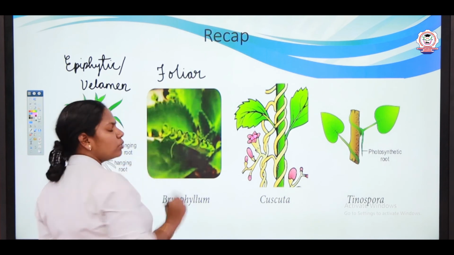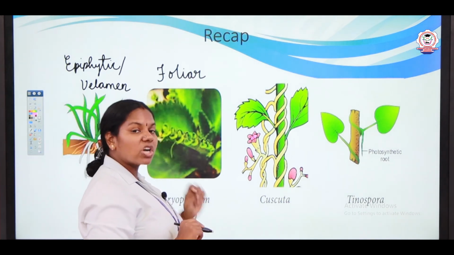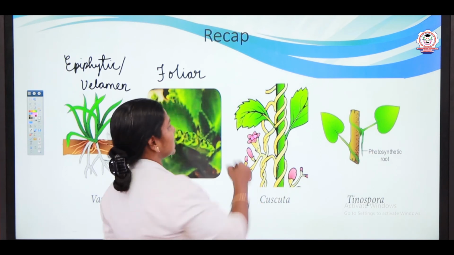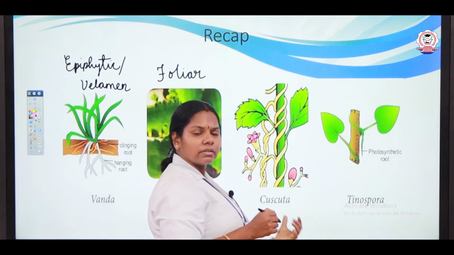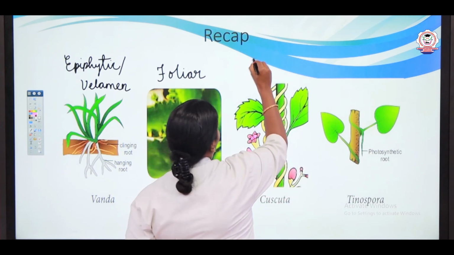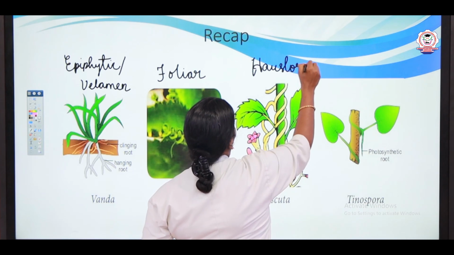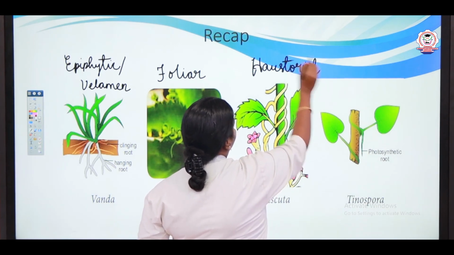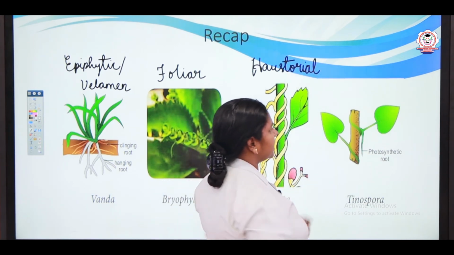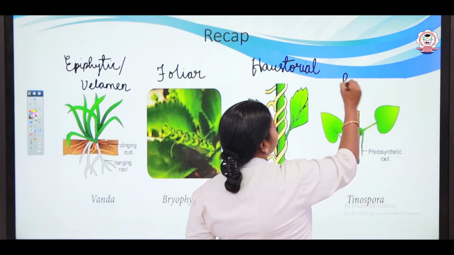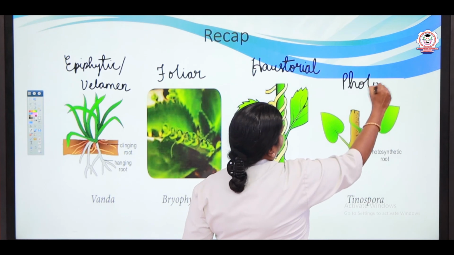They develop roots at the margins of the leaf. And another example is Cuscuta. Cuscuta is an example for haustorial or sucking roots. And another example is Ctenopsis. In Ctenopsis you can see photosynthetic roots.